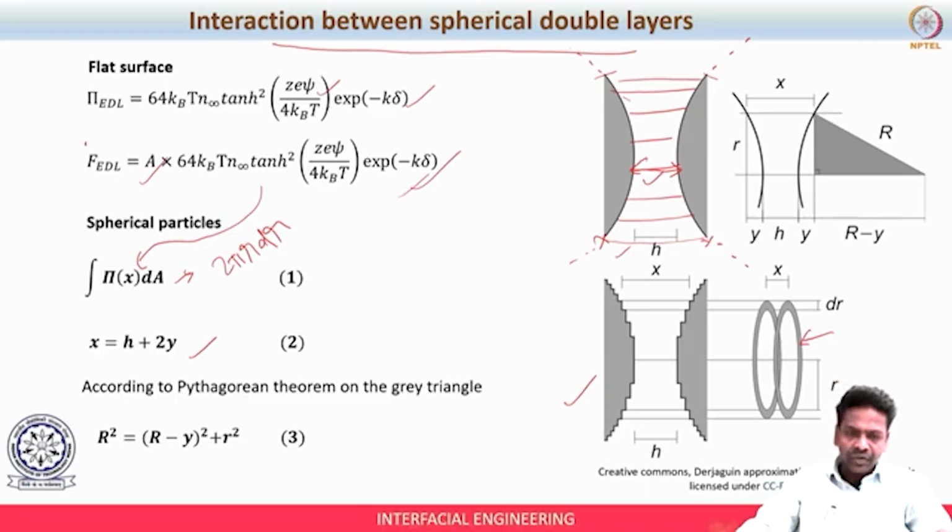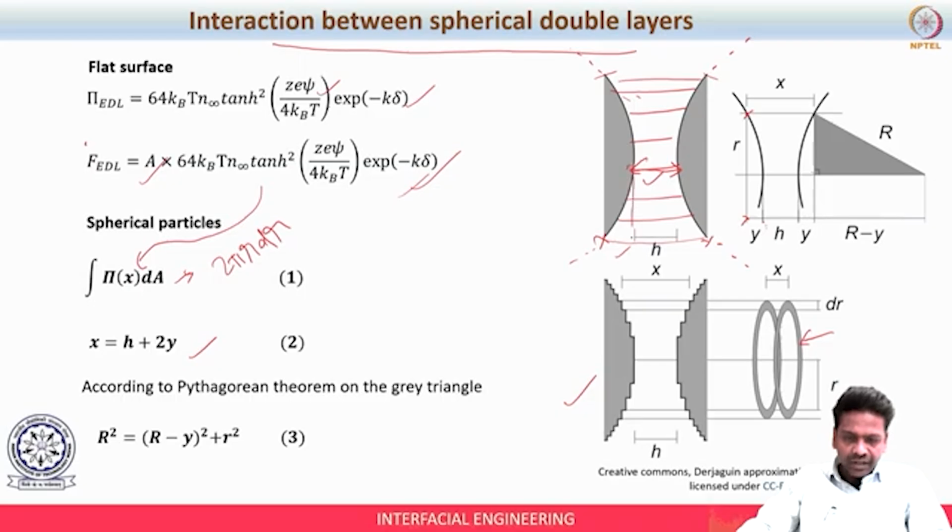For example, the x here is nothing but h, the minimum separation distance, plus 2y. y is the distance from one end to this one. So you draw a line from one end to the other.